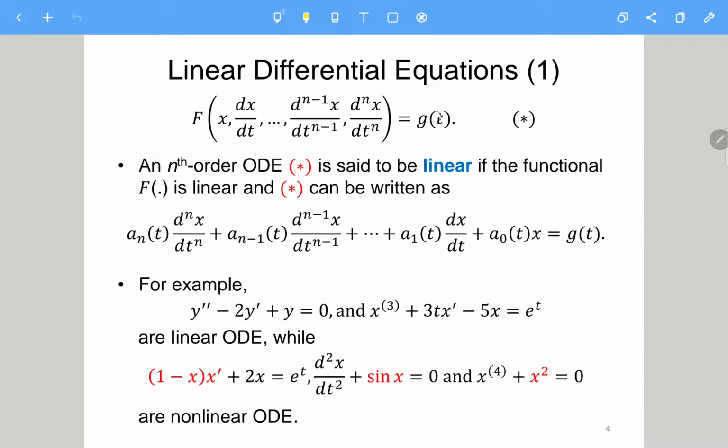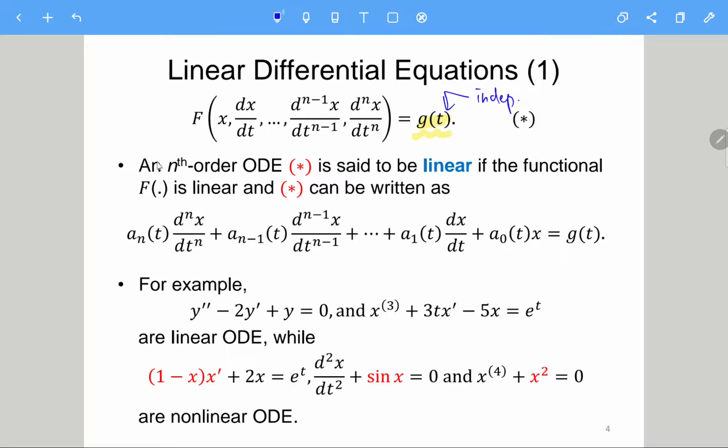There is no x term on the right hand side. It is only a function of the independent variable. And on the left hand side, it consists of x, dx/dt, up to d^n x/dt^n, the nth derivative of x.